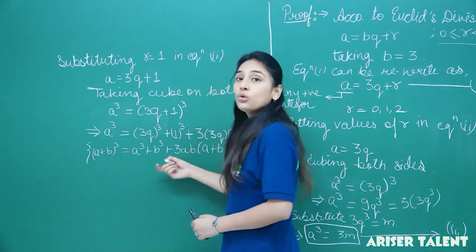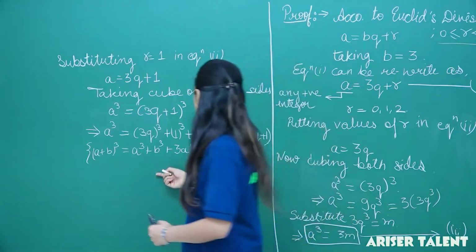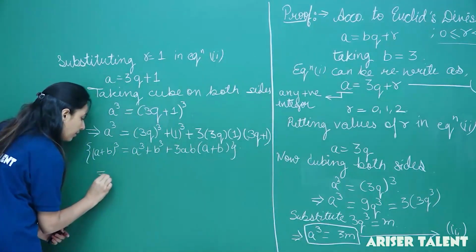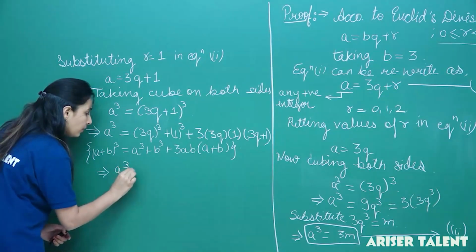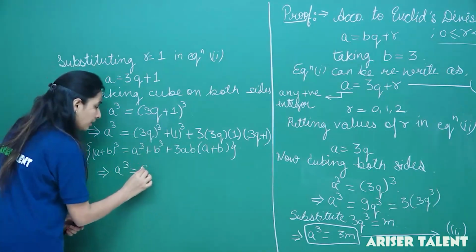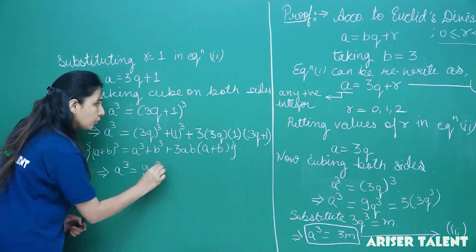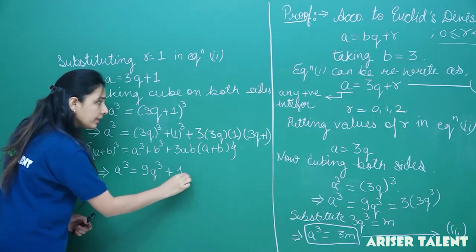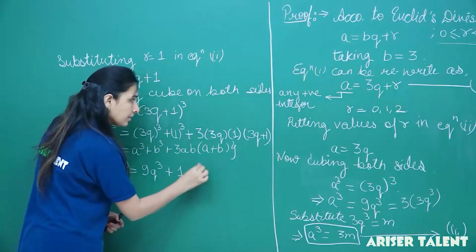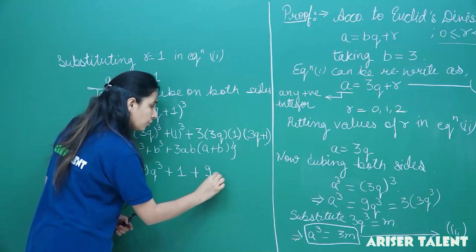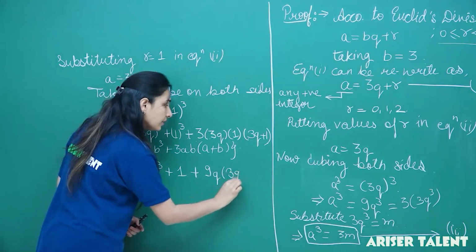Okay. So, we will use this formula. Now, solving this, we will get a cube equals 27q cube plus 1 plus 9q times 3q plus 1.